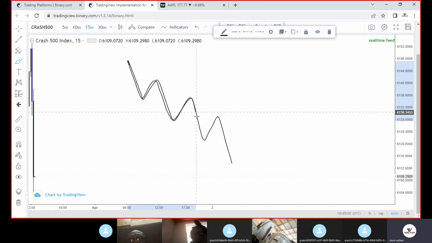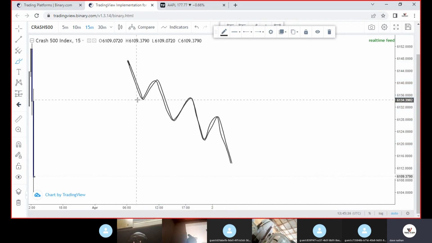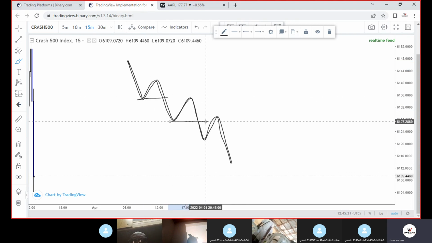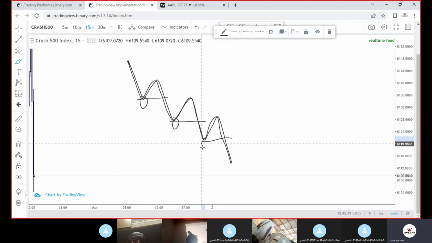I'm just trying to draw it again. Now let's count how many supports we have. We had this support, this support, and then this support. So basically 1, 2, 3.